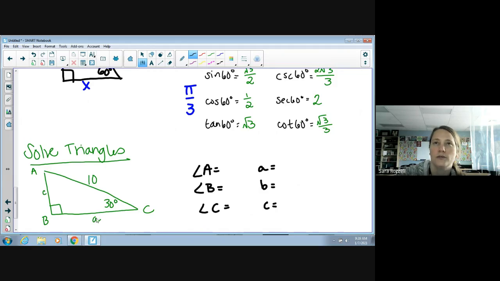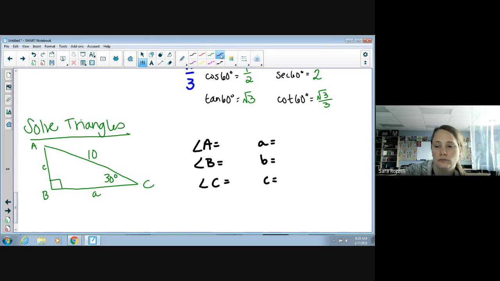Capital A angle, across from that's a lowercase a for that side length. So we don't know angle A yet, but we know angle B. Angle B is 90 degrees. Angle C is 30 degrees. And we know that side b is 10. So we're going to figure the rest out.